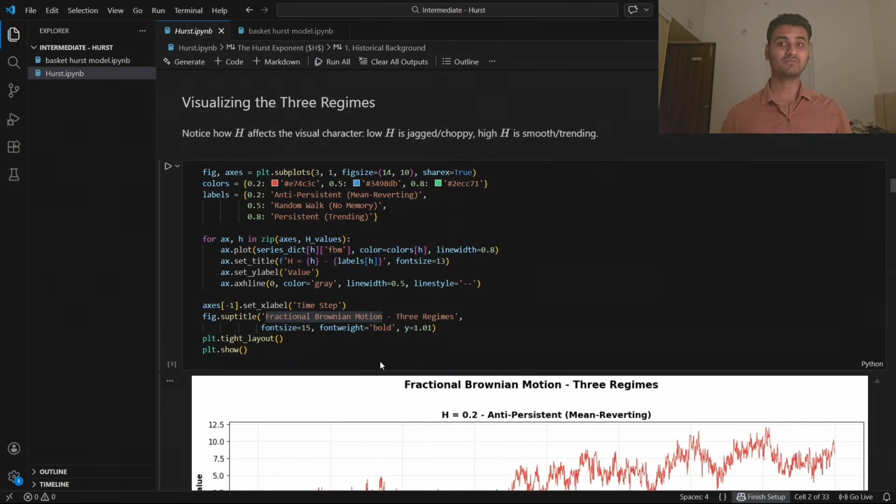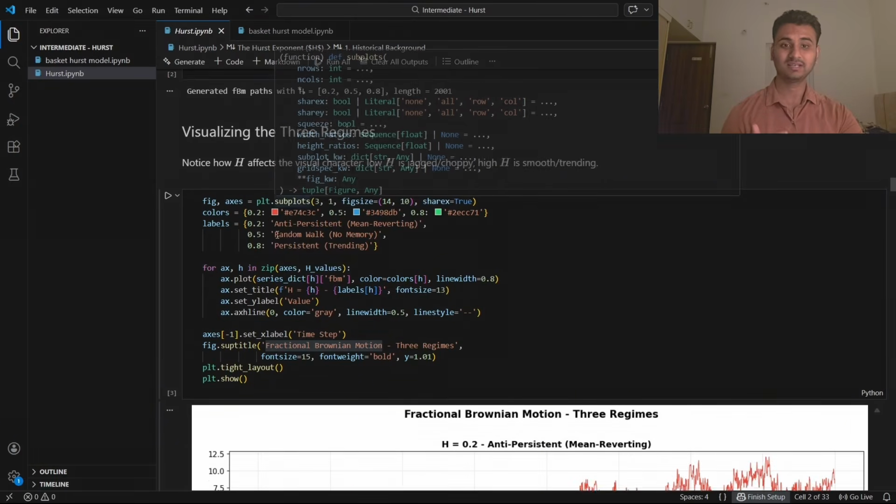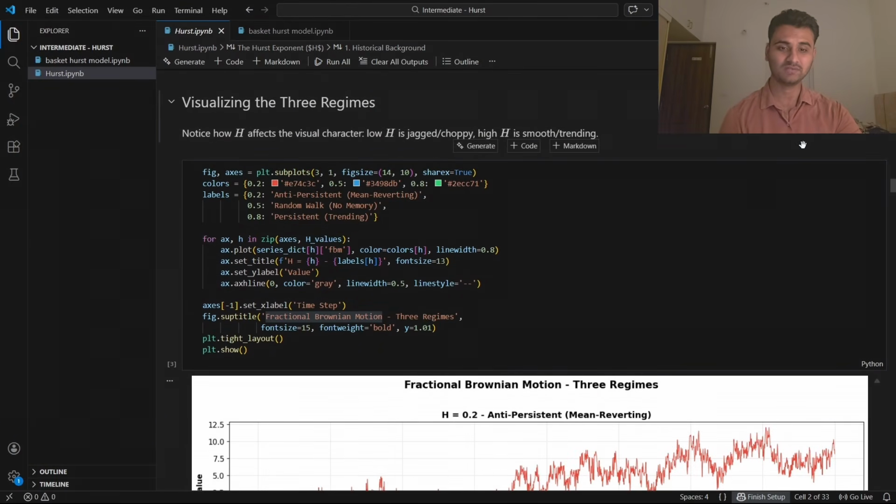Visualization is a core part, at least for me, of how to build intuition and build up from the foundation. So how does Hurst affect the visual character? Low Hurst is jagged, choppy. High Hurst is smooth and trending, as we have discovered. This is the visual for that.